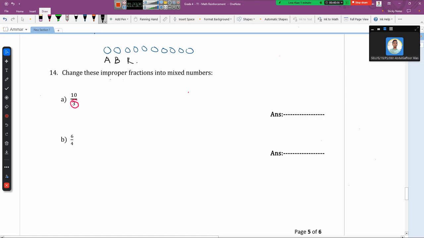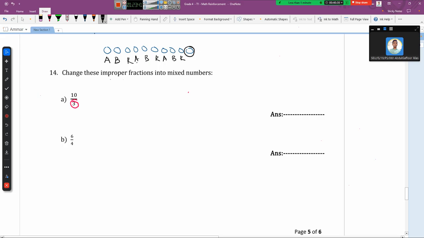So this chocolate is for Ammar, this is for Ben and this is for Ryan. Again, this is for Ammar, this is for Ben and this is for Ryan. And this is for Ammar, this is for Ben and this is for Ryan. And this is remaining. So what should you do?